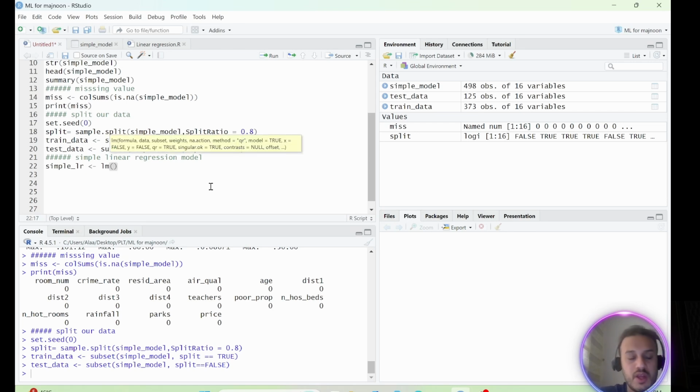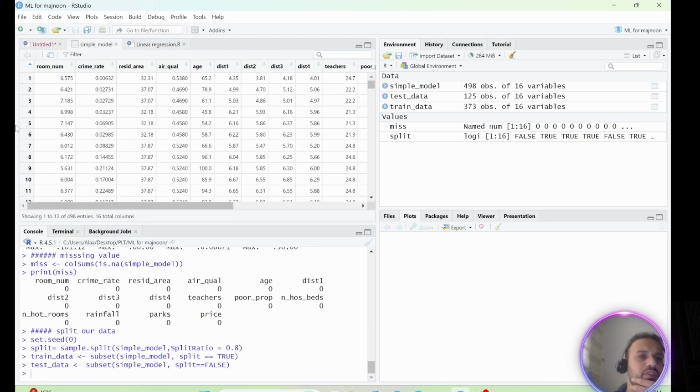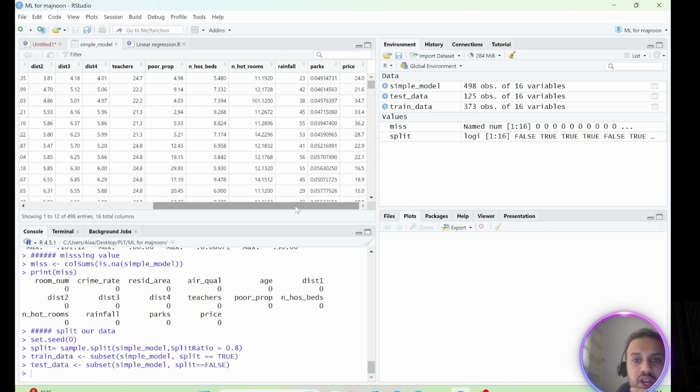This is the linear regression function. We need to predict the price, so my y is going to be the price, and I have to use the tilde, and my x is going to be room_number. So room number is my independent variable x, and the price is my target variable y.